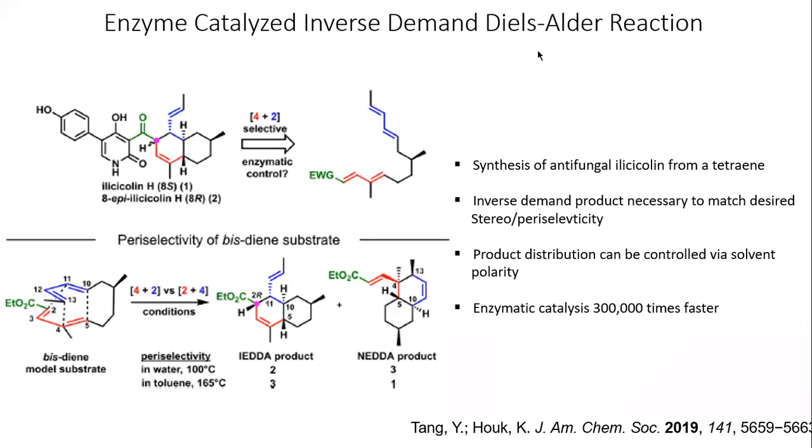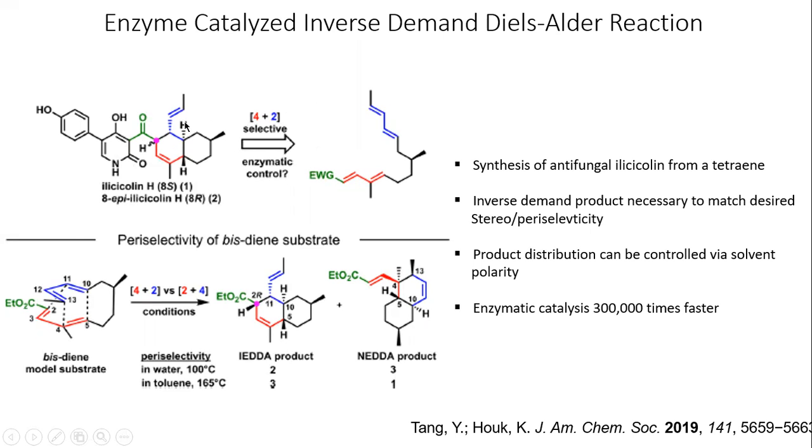This is one application by Tang and his group, and they combined with Houk, who is a computational chemist. What they did was take this starting material that you see here. This is the retrosynthesis part.